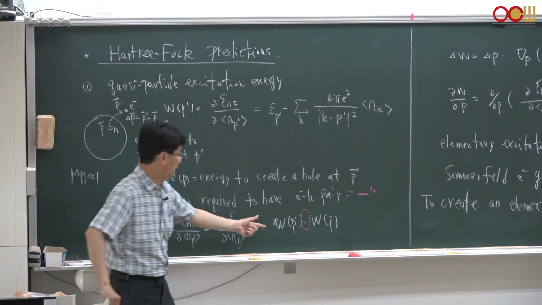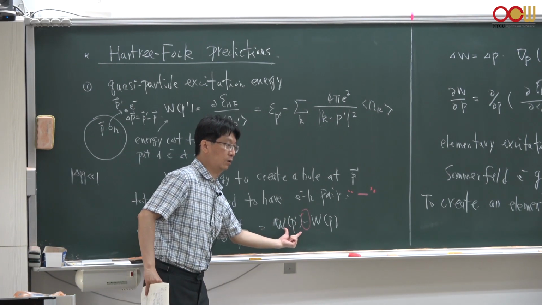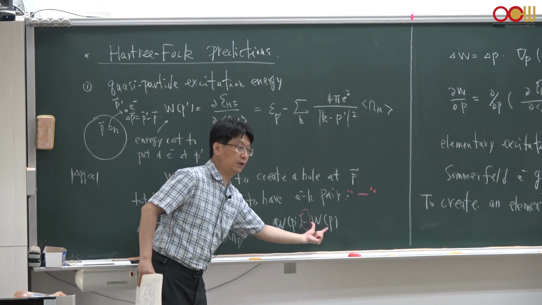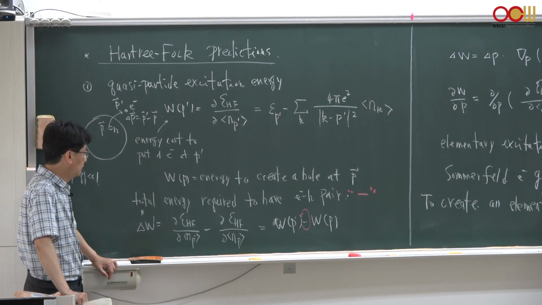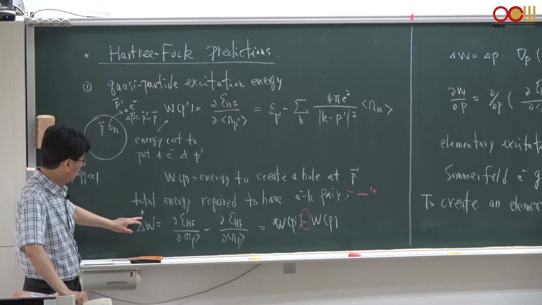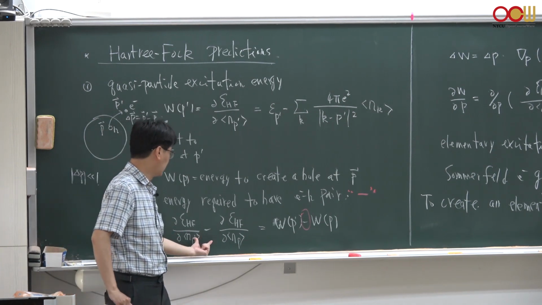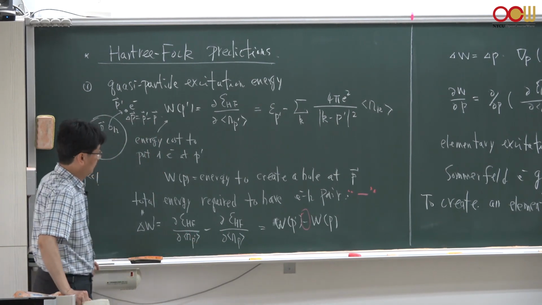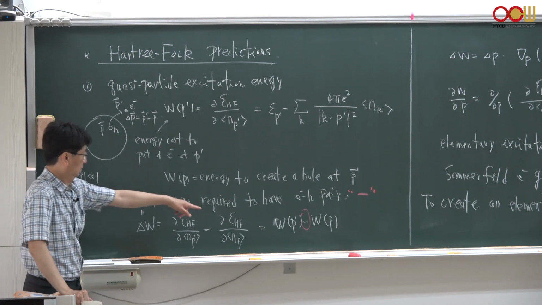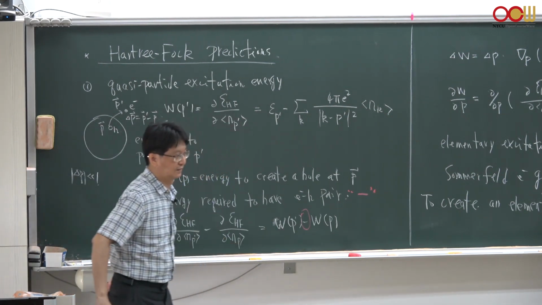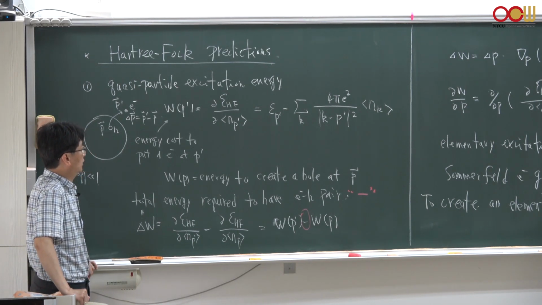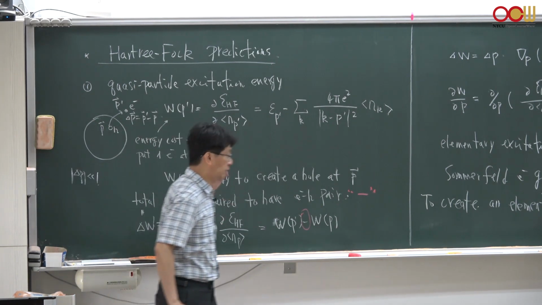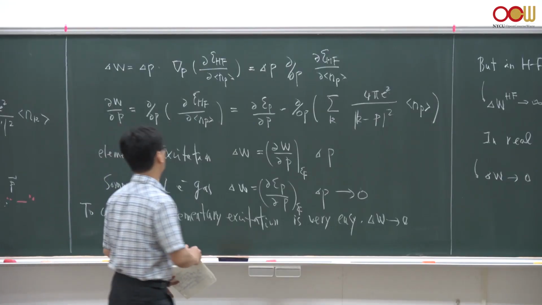We need to really subtract the magnitude of these two energies from each other to get a total energy requirement to have such an electron-hole pair. And therefore, the total energy is the difference between these two derivatives, because of this statement here. So let's just compute this total delta W, which is the total energy requirement to have such an electron-hole pair.